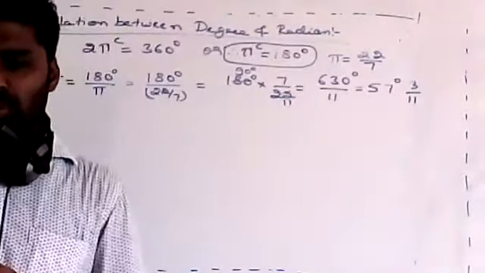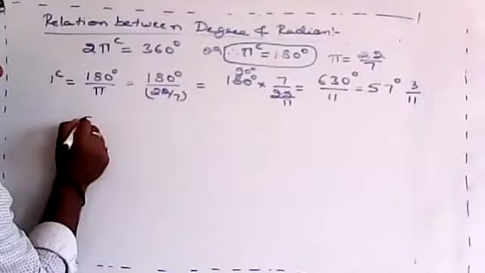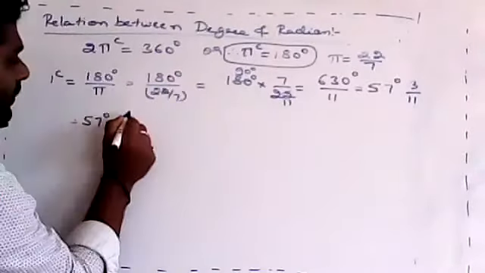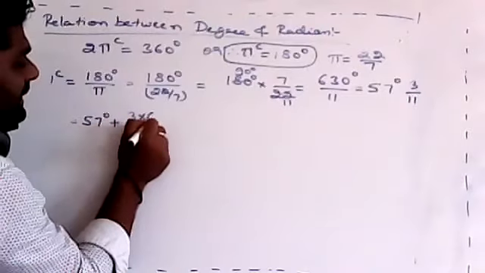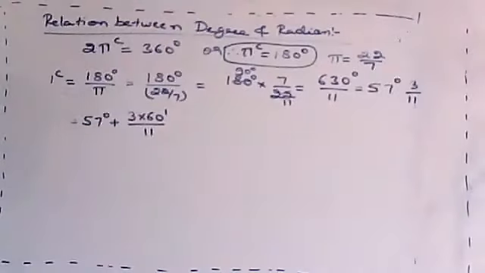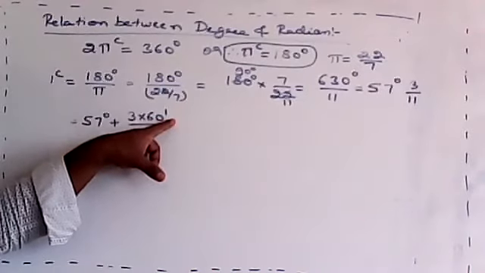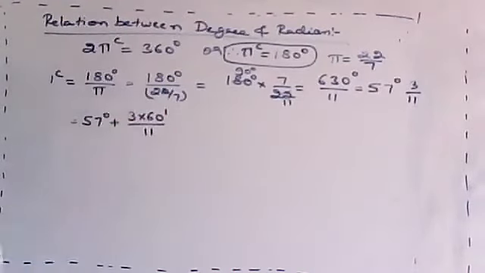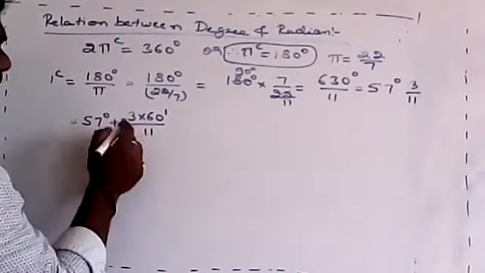Yes, good Anirudh, 60. So I'm writing 57 degree plus 3 into 60 minutes divided by 11. I can't write 3 degree divided by 11, so I converted it into minutes by multiplying by 60. 3 into 60 minutes divided by 11. So what is the answer here?